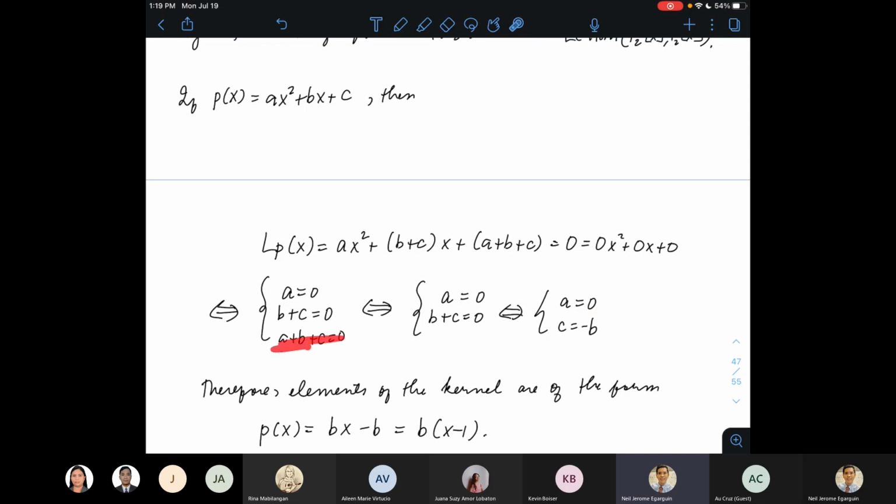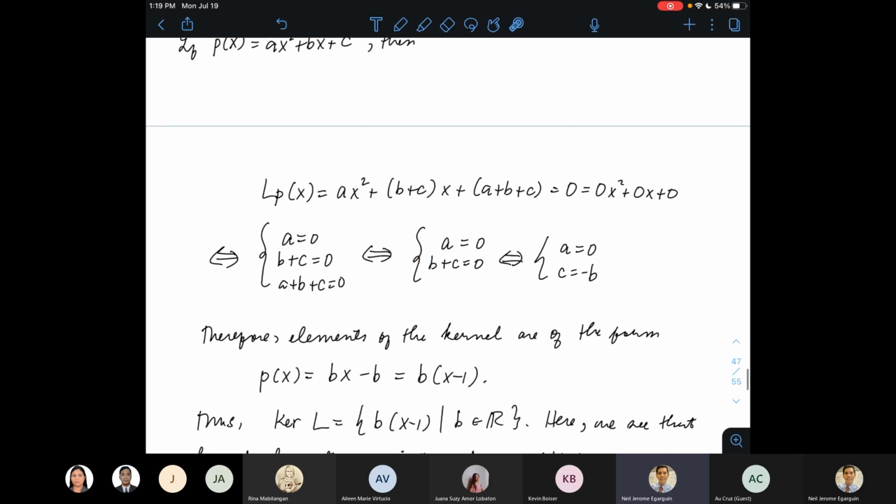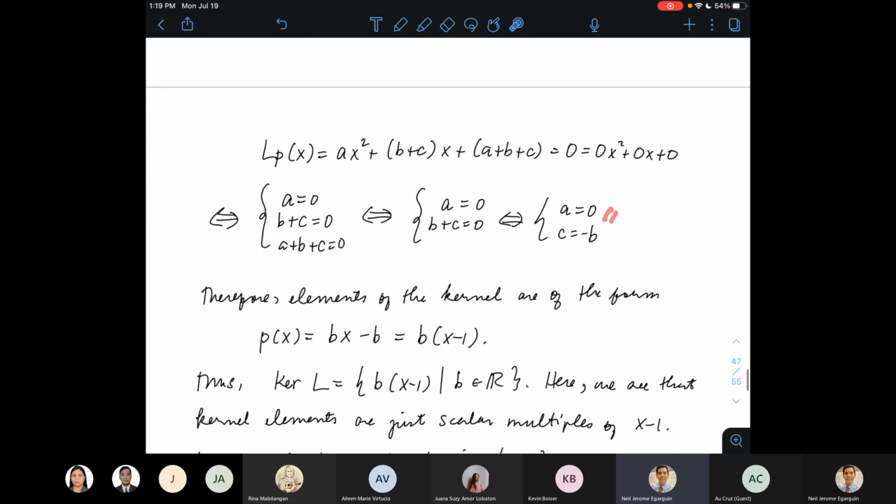Okay, kasi yung third equation is redundant because we already know that a is equal to 0, b plus c is equal to 0. So when you add a, b, and c, you'll just be adding the respective sides of these two equations. So this is redundant, so I can just forget about it. So ang conditions lang pala talaga will be characterized by the first two equations. But this tells us that a is equal to 0 and c must be equal to negative b.